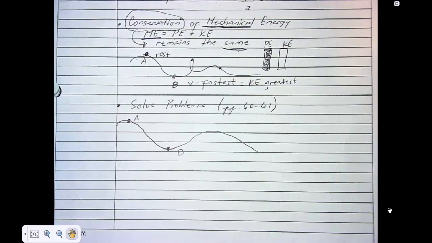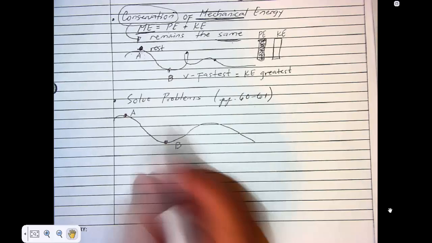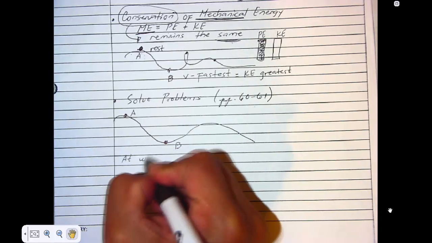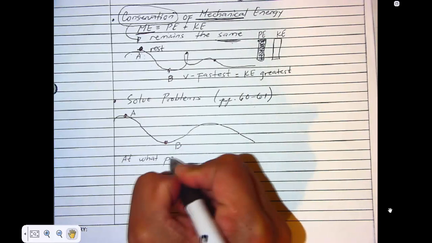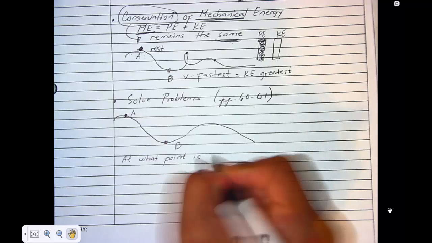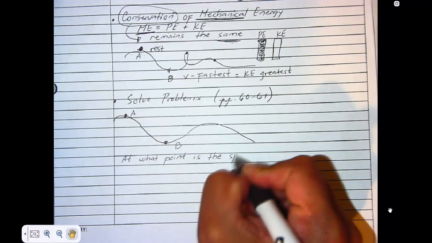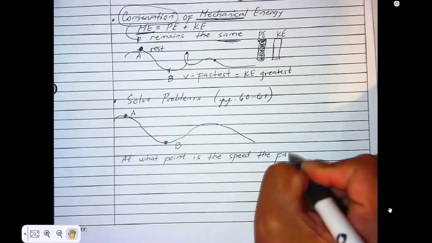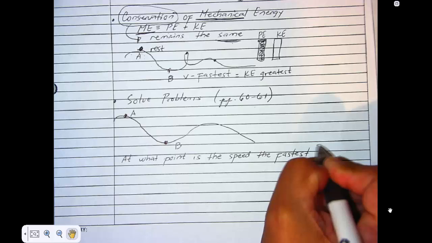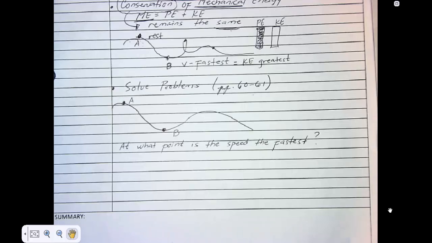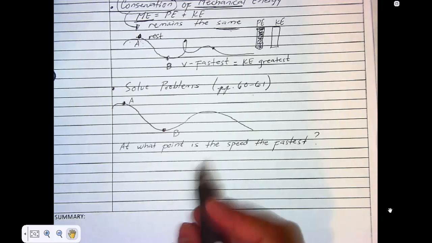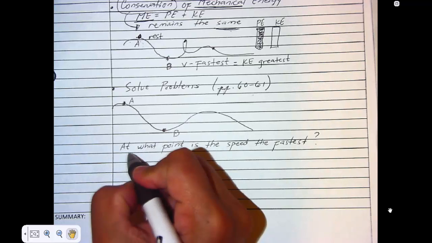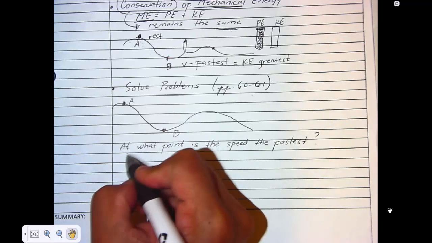So the normal question will always be, at what point is the speed the fastest? And then you will solve for that speed.